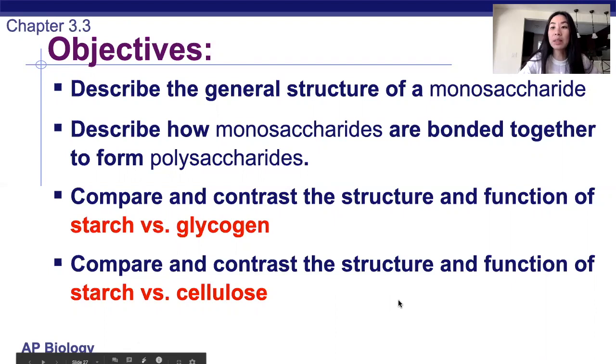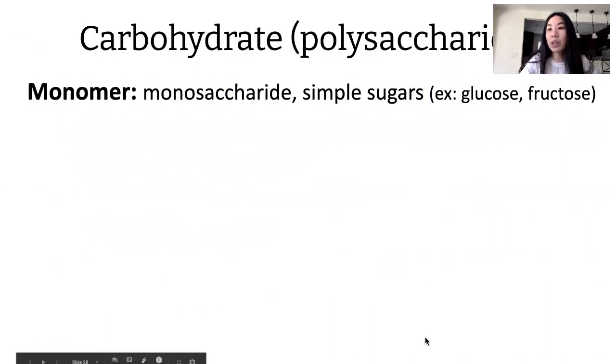All right, some of these slides were from last week, but I'm going to go over the basics, what you should know about carbohydrates. So carbohydrates are also known as polysaccharides. If you see the word polysaccharide, you should automatically think carbohydrate. The monomer of this is monosaccharide or simple sugars, or if you see something like glucose, fructose, those would all be examples of monosaccharides.